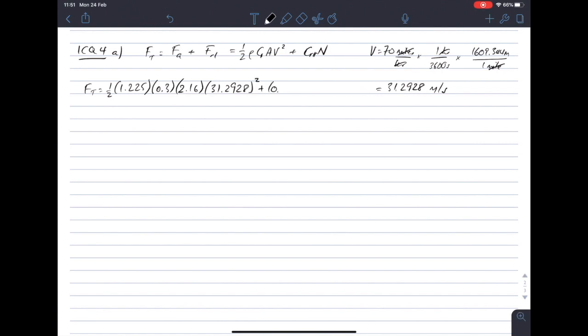Plus the coefficient of rolling resistance of 0.01. And N is mg, because it's level ground. Do those sums, you get 535.8 newtons. There's your tractive force on level ground to maintain 70 miles per hour.